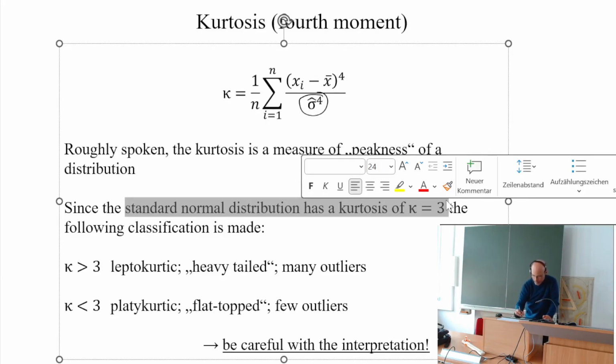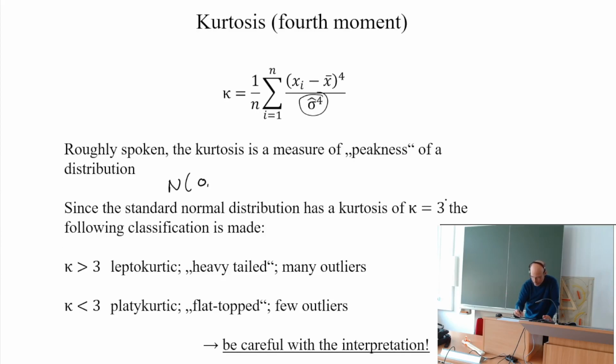So this is N(0, 1), with mu and sigma. And if we calculate the kurtosis of this standard normal distribution, the kurtosis would be 3.